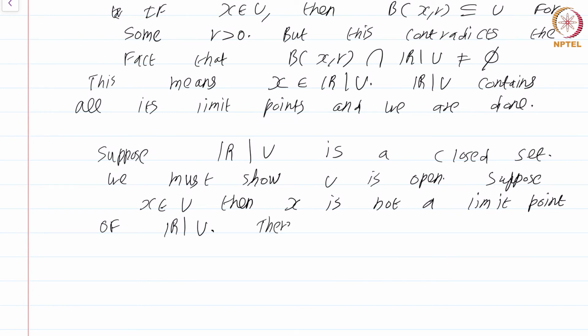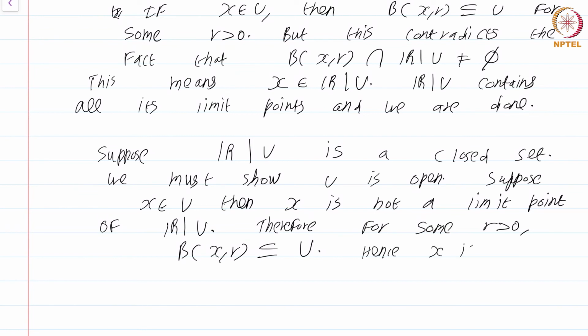Therefore, for some r greater than 0, B(X, r) must be fully contained in U. Right? This is the only way by which X can fail to be a limit point of R minus U. Hence, X is an interior point of U. And we are done.